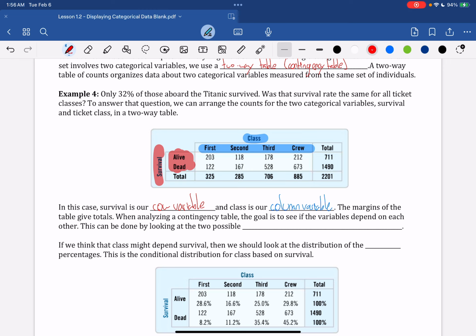The margins of the tables give our totals. So we've seen the margins here, the total first class, second, third, and crew, how many total are on it, how many people are alive, and how many people died. They should all add up to 2,201, whether alive and dead, or first, second, third, and crew are being summed.